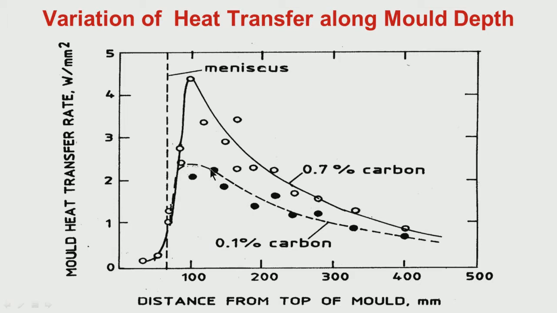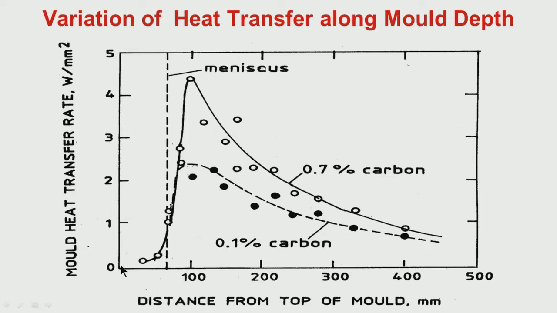I will discuss it in detail, but this is just to show how heat transfer depends on the grade of the steel also. So, the heat transfer is at its peak at a certain depth, say 30 millimeter from the meniscus.